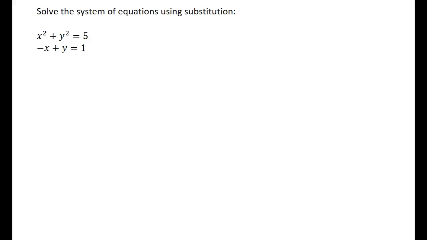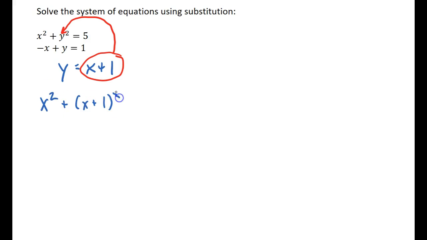Okay. Now if you look at that second equation, you'll notice that y is equal to x plus 1. So I'm going to take that x plus 1, and plug it in for y in the first equation. So now my first equation becomes x squared plus x plus 1 squared, because whatever y is, it's being squared, equals 5. Okay, let's multiply this out.